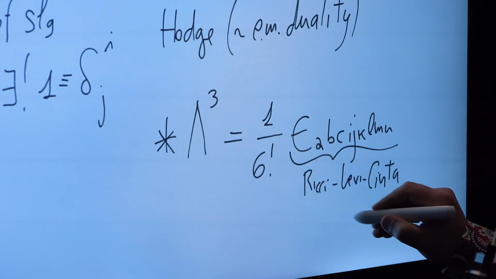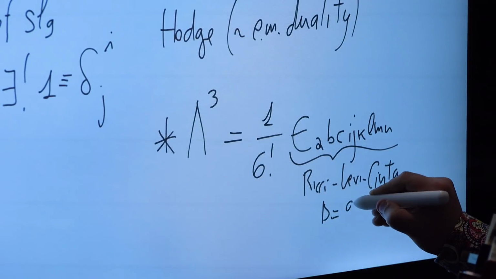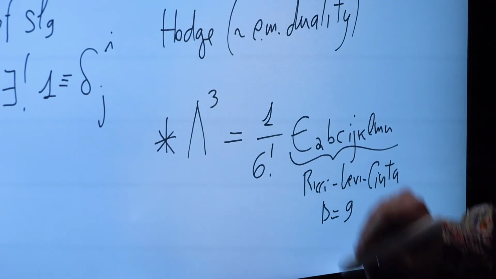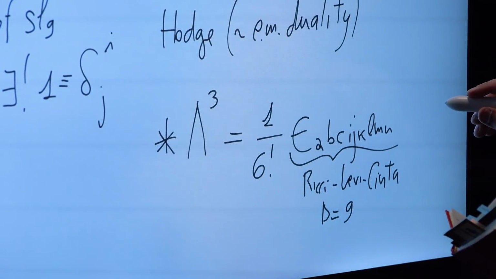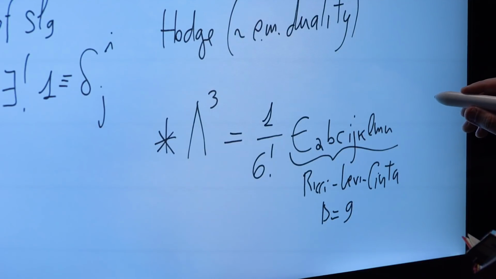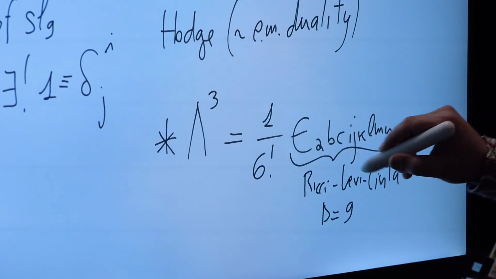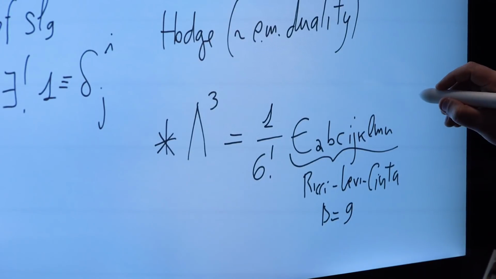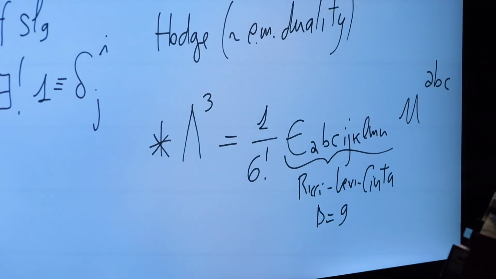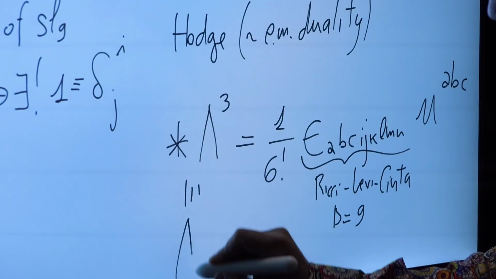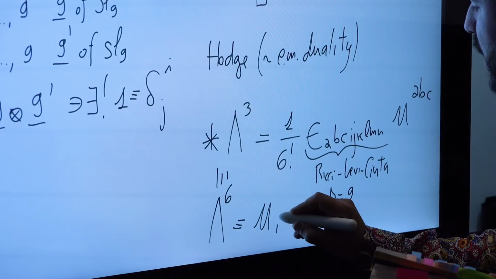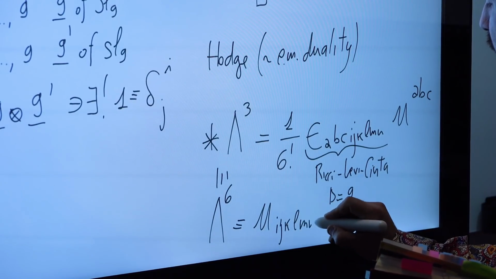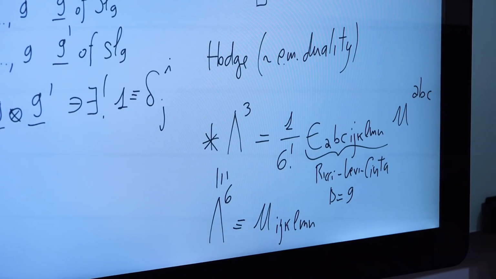Levi-Civita, it's an Italian. In D=9 dimensions, this is an invariant tensor, an invariant 9-form of SL(9). And I will then contract with U_ABC, and this gives me a 6-form, which I can write as U_IJKLMN. This is just a property of the binomial coefficients in 9 dimensions, essentially.